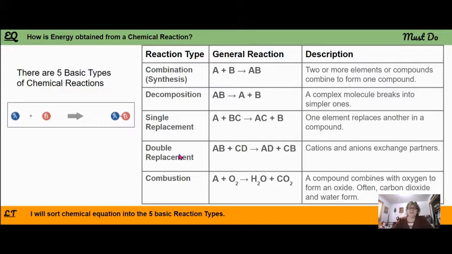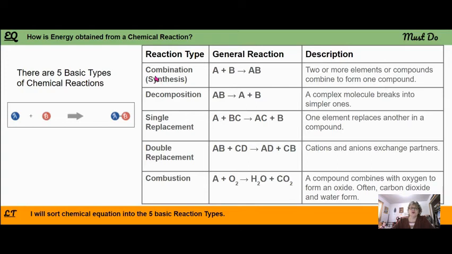There are five basic types of chemical reactions. If you think of the ABCD as individual compounds, individual atoms, it will help you understand how to tell each of the different types apart.